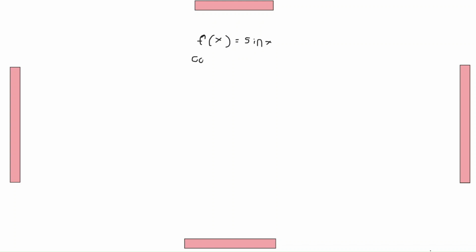We would say it's continuous from negative infinity to positive infinity. And we wouldn't need to put discontinuity anywhere because it is continuous everywhere. So they might give you some functions that are fully continuous, so we don't have to worry about discontinuity, but sometimes they will give you something you have to worry about.